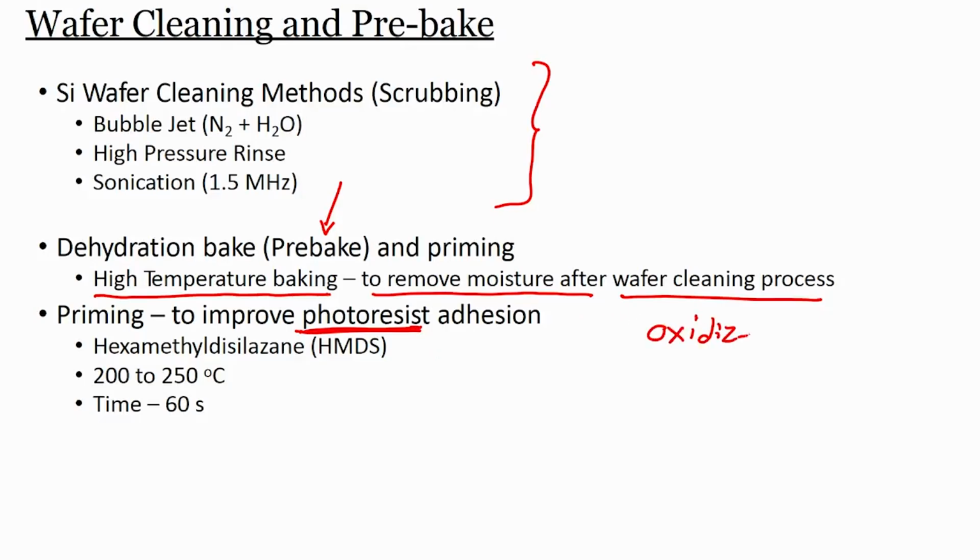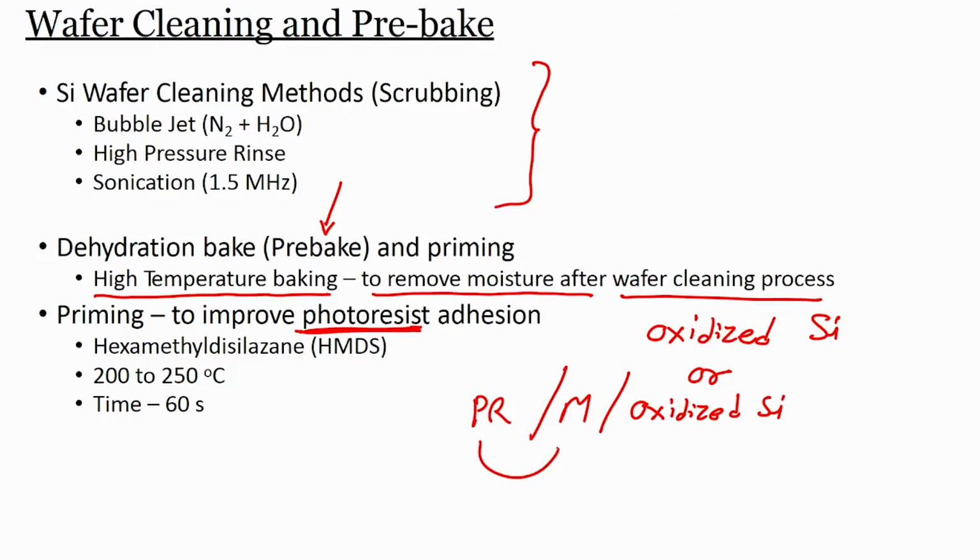oxidized silicon or any material on oxidized silicon. You have to improve the adhesion of photoresist on any material that is deposited on the oxidized silicon, or you want to improve the photoresist on oxidized silicon.